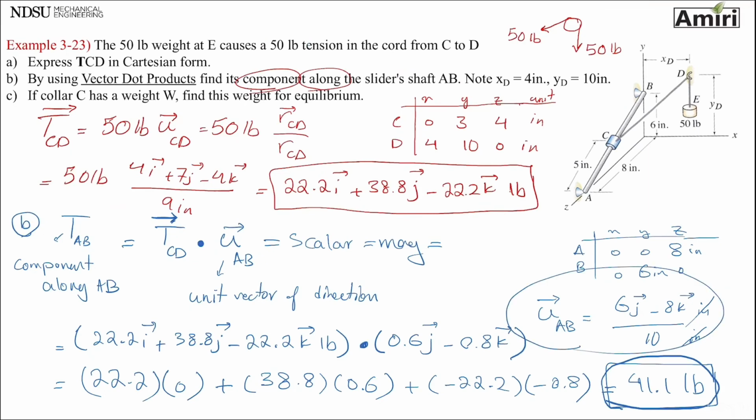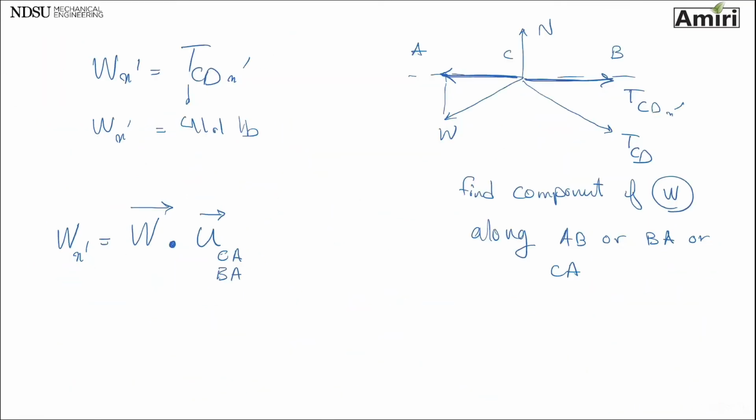I have the unit vector of AB right here. I already did it. Unit vector of AB is 0.6i minus 0.8j. Unit vector of BA is minus 0.6i, 0.8j. Do I have W? Yes, I do.